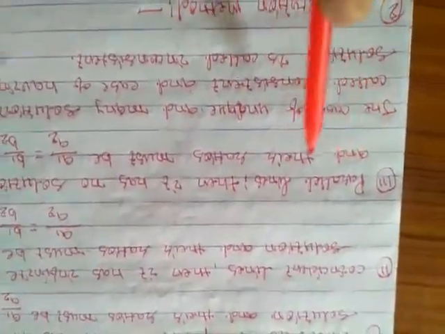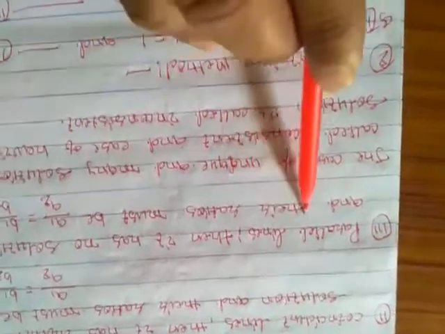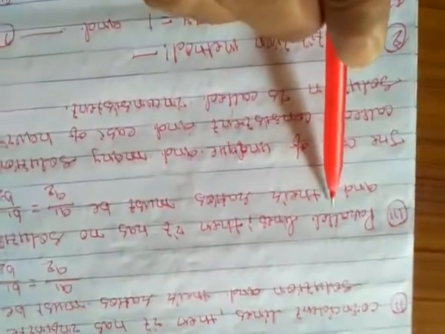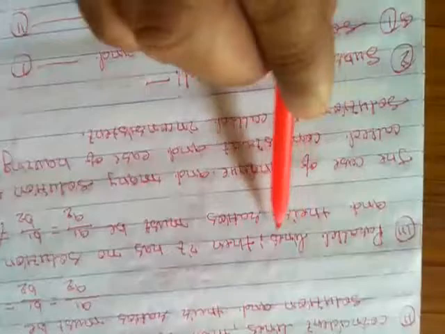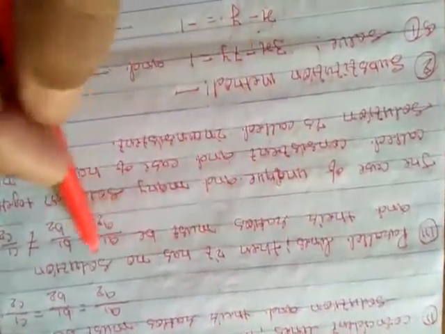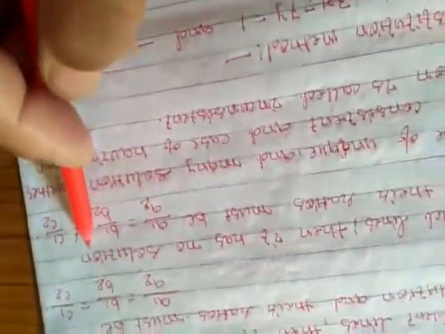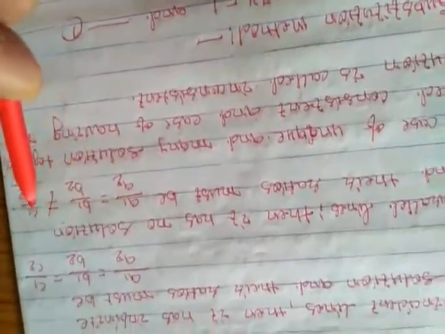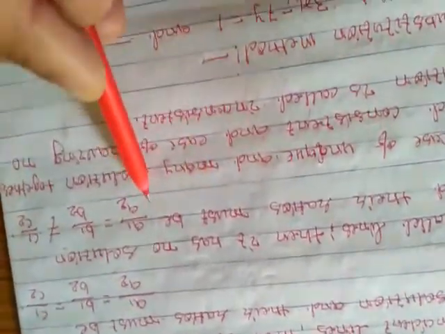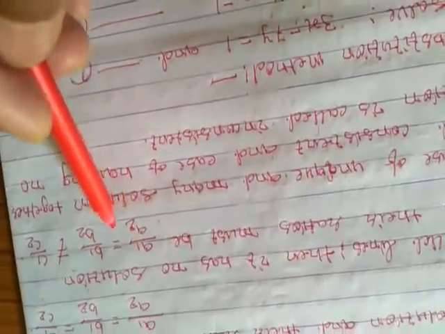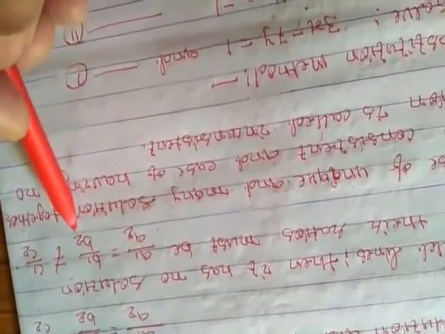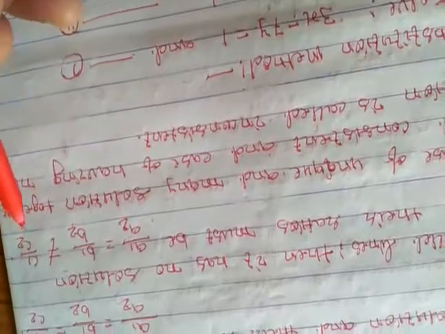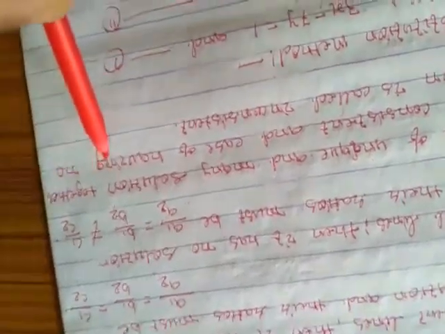Now third, if the graphical representation of the pair of linear equations is parallel lines, then it has no solution. It means that such linear equations will have no solution and their ratios must be a1 by a2 not equal to b1 by b2 not equal to c1 by c2.